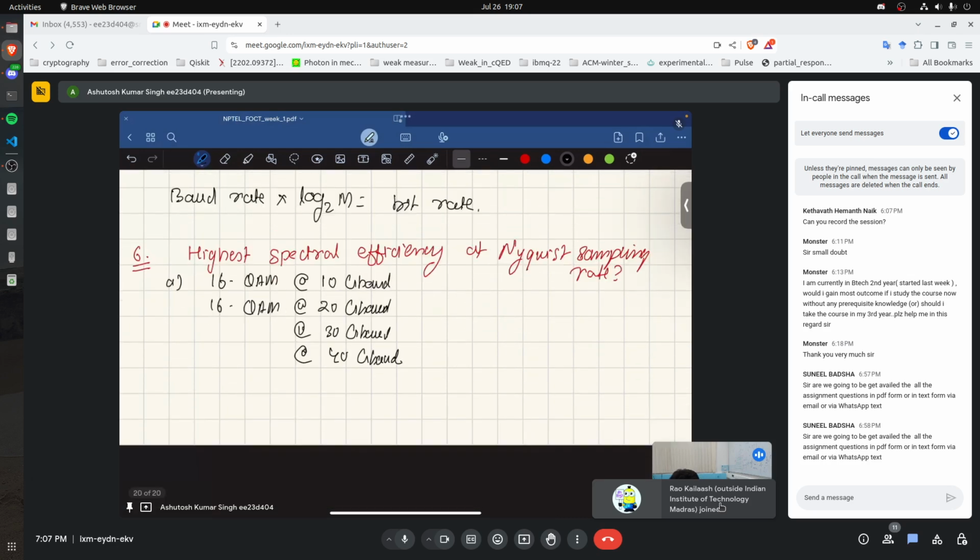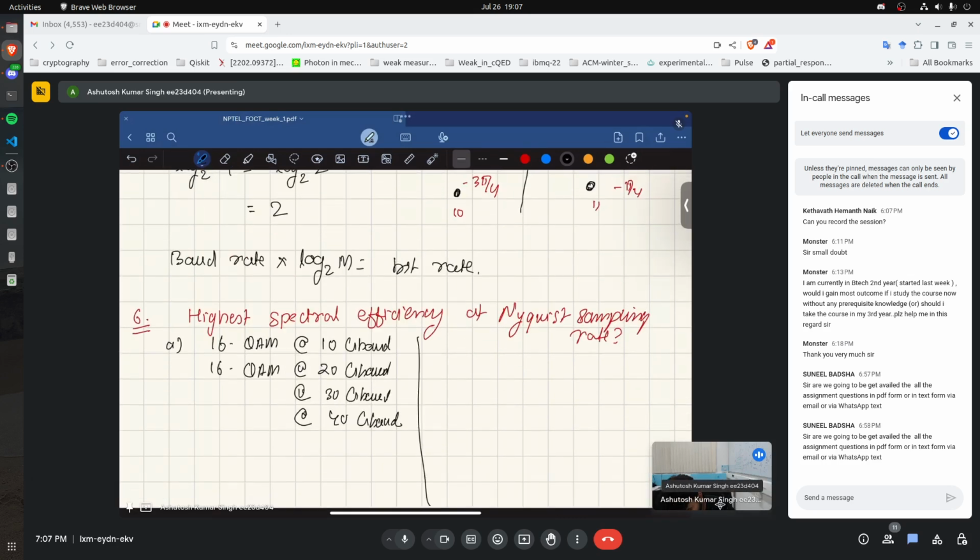Now, we have seen that spectral efficiency is defined as transmitted bits divided by bandwidth utilized. So, transmitted bit rate.